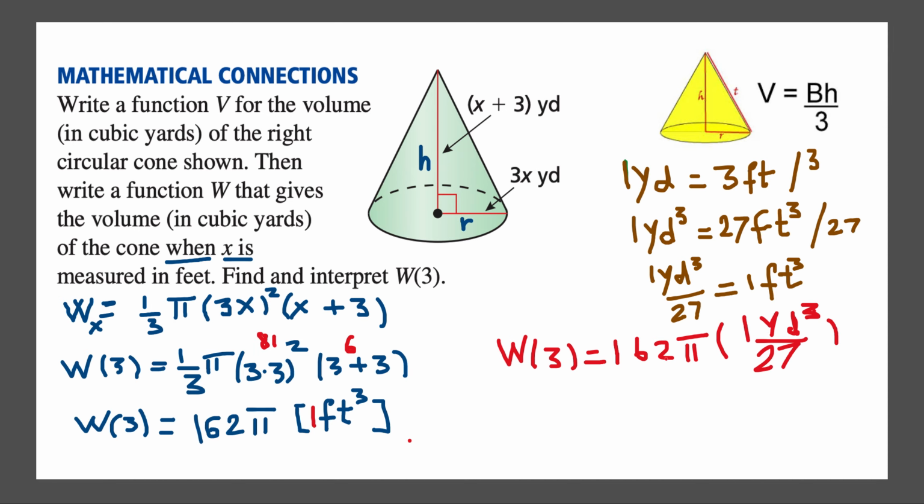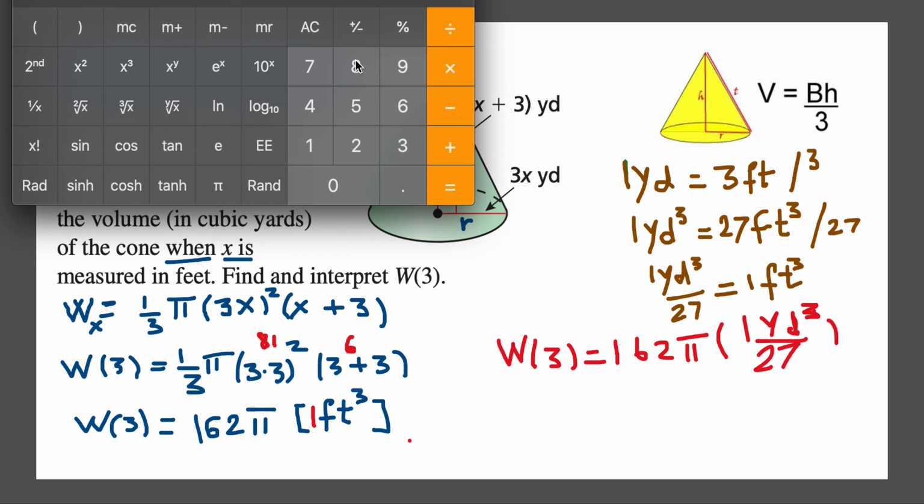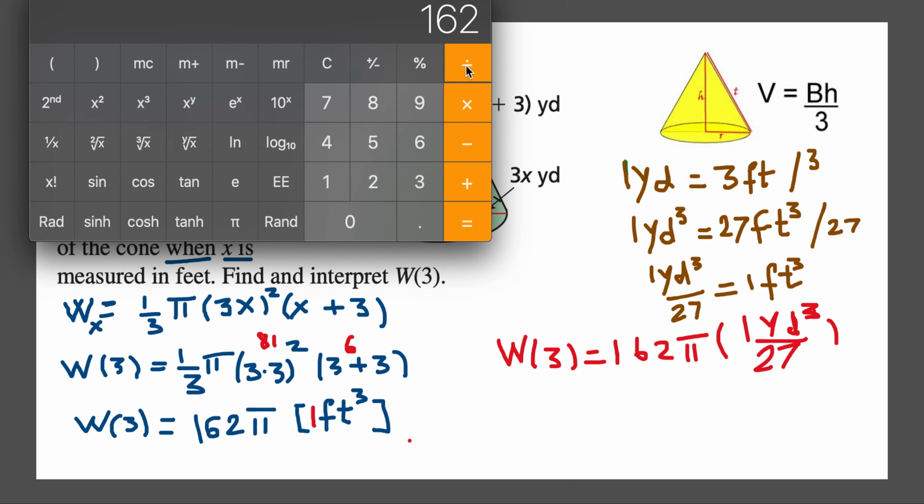And now if I divide 162 by 27, we can use a calculator for a very quick calculation: 162 divided by 27 is equal to 6.